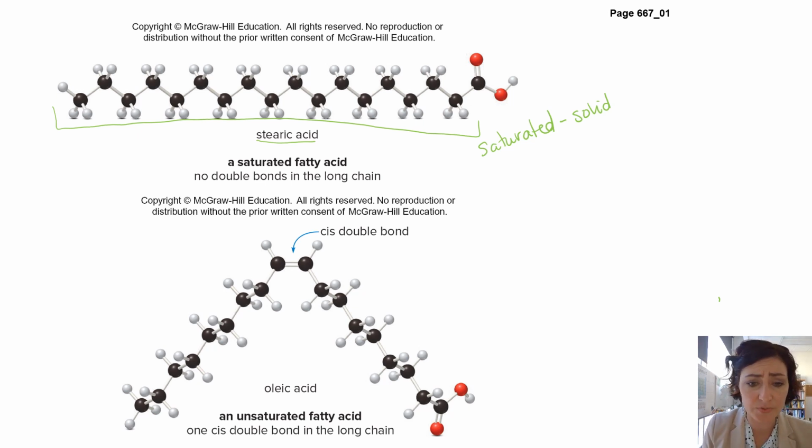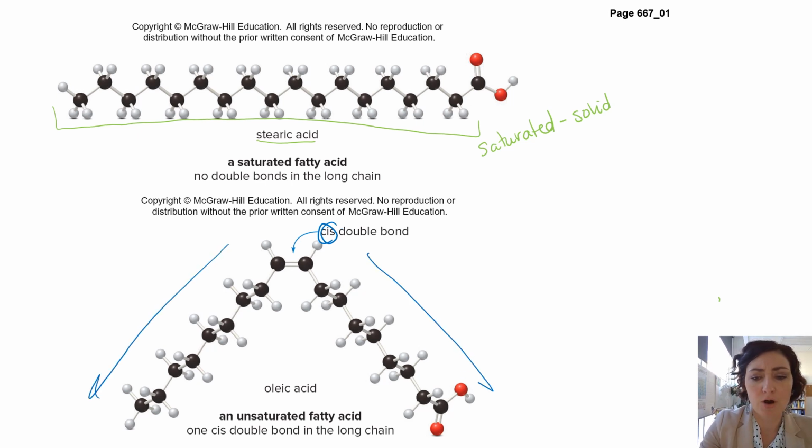As we mentioned in a previous slide, when you do have a double bond, that double bond is usually going to be a cis double bond rather than a trans. At least that's what we find in nature. And notice that the cis double bond sends those two arms of your fatty acid into that triangle position. So they have this kink in them, and because of that kink, they're not going to be able to pack tightly together.